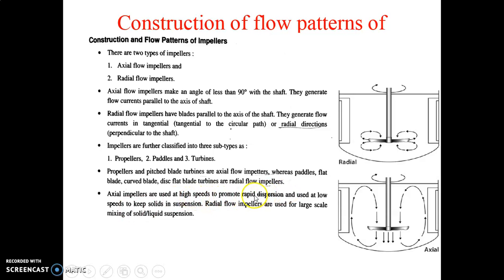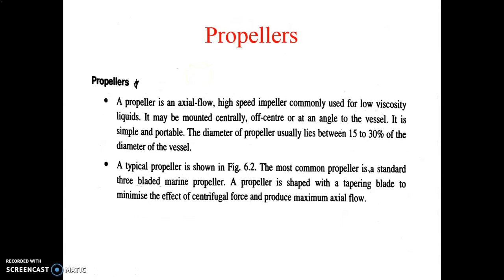And if you want to disperse, that means distribute any solid material in liquid, then you have to increase the speed of the impeller. In the case of radial flow impellers, if you want large scale mixing of solid material with the liquid, at that time you have to use radial flow impellers. These are the applications of axial flow and radial flow impellers.